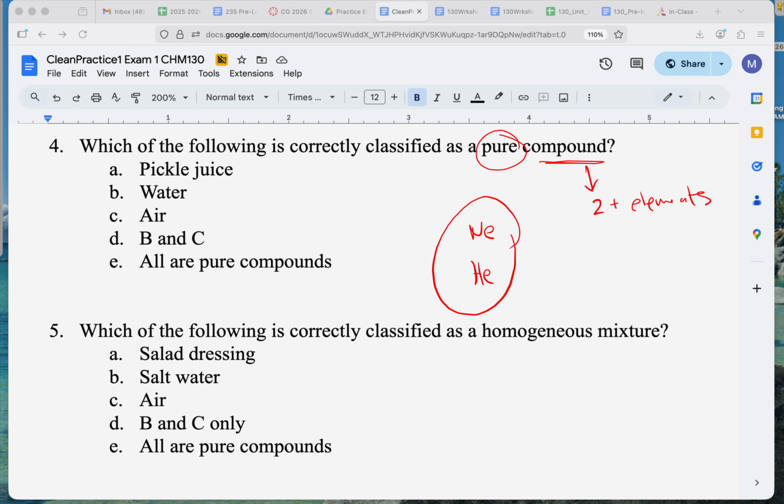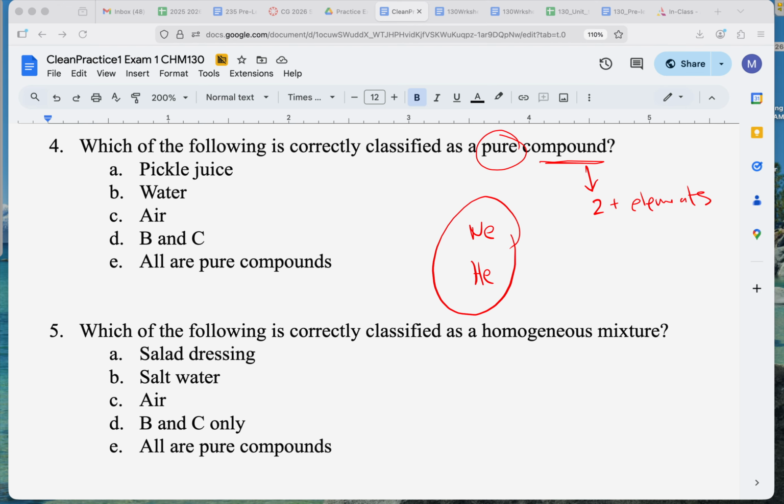Am I now looking at a pure compound? No. Because if I take neon and helium and I put them into that tube, it will become perfectly uniform. So that's not going to be a compound.